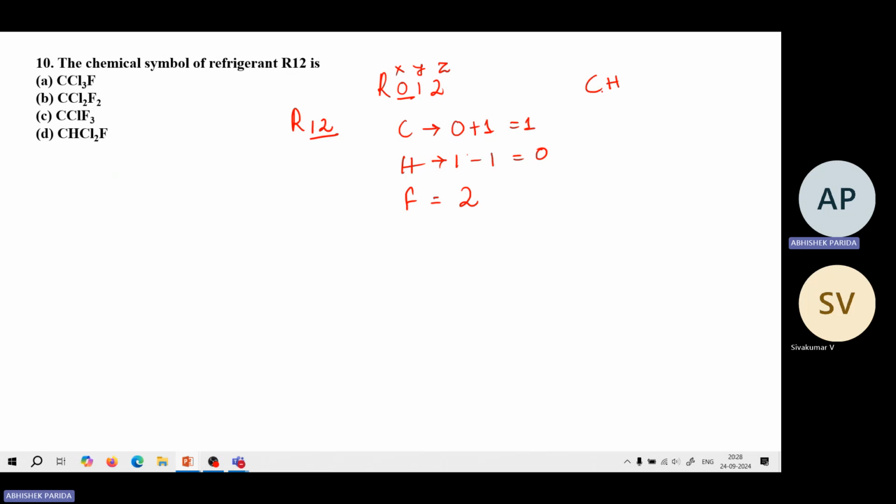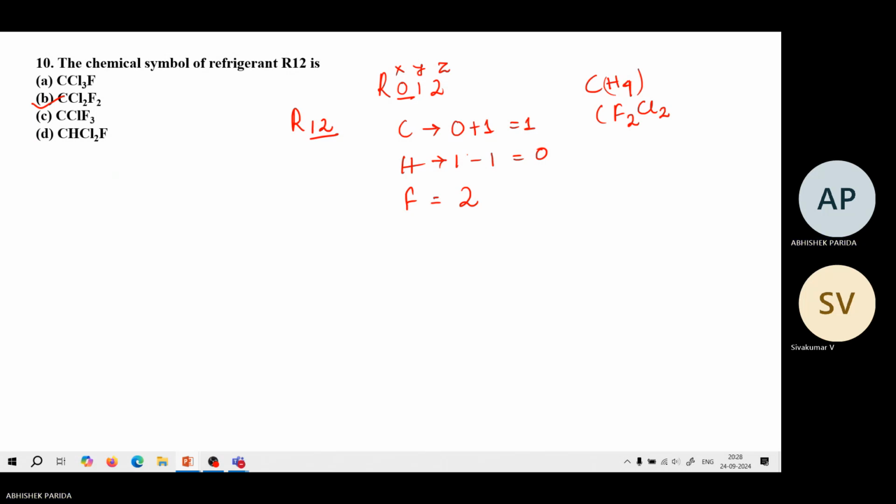This is an alkane based refrigerant. If it was CH4, it means 4 bonds it has to be. So there is no hydrogen. So it is CF2 for sure. The other two will be occupied by chlorine. So the correct answer is CCl2F2.